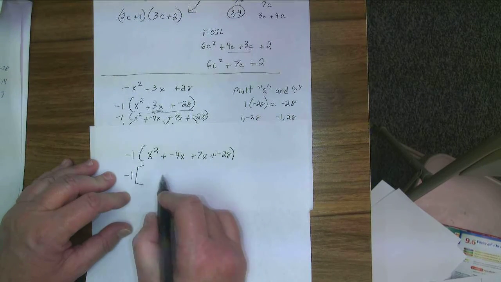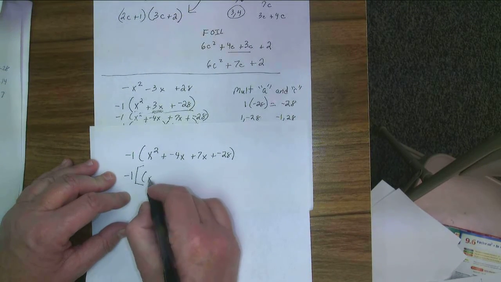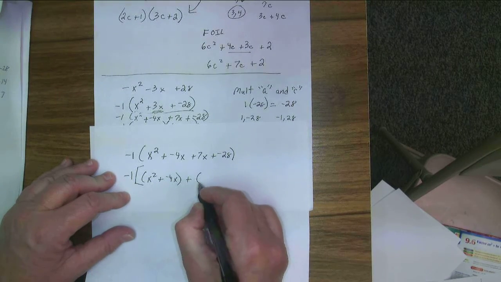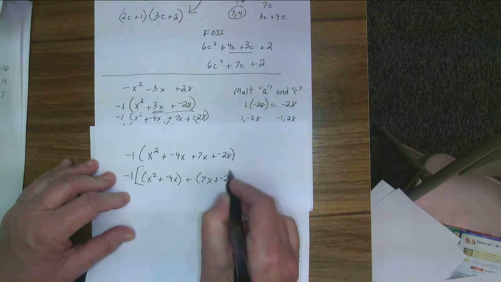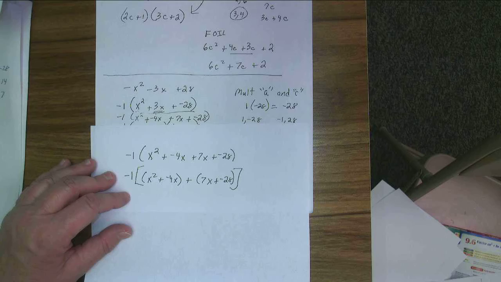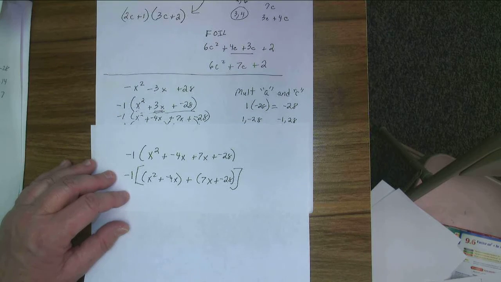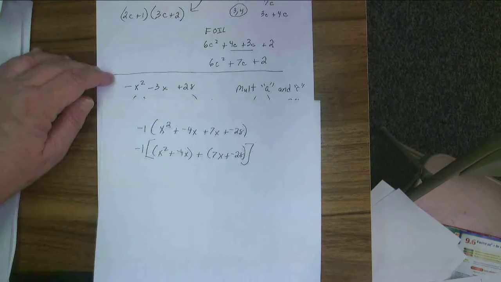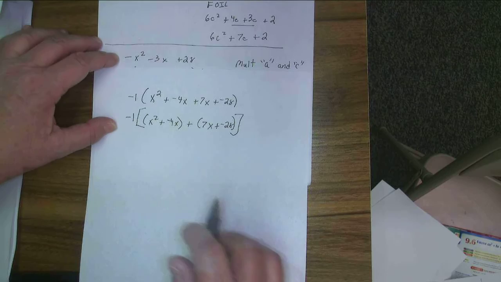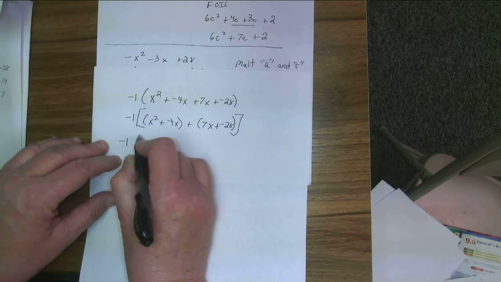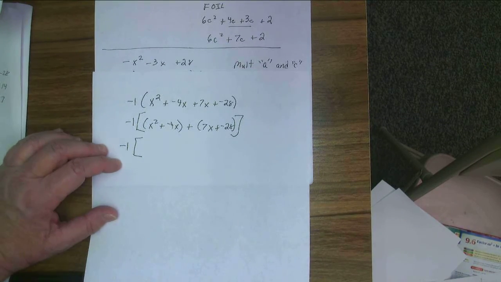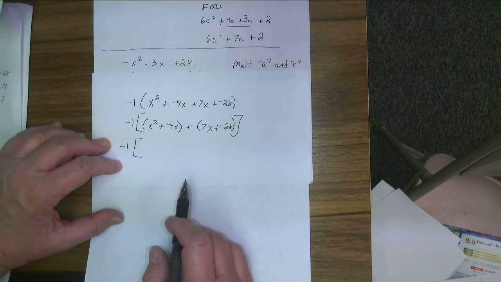So we're going to do brackets. We're going to pair these two together and the last two together and close your bracket. I'm just going to slide this up so we can see the original problem. Again, don't lose the negative 1 out front. It is what will get us back to the original problem of negative x squared when we're finished.